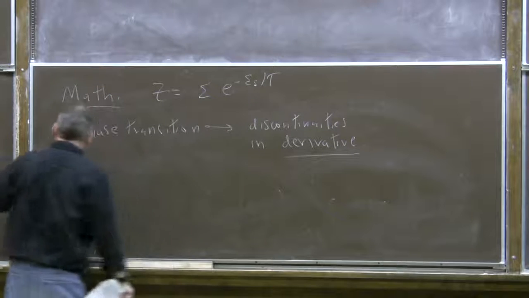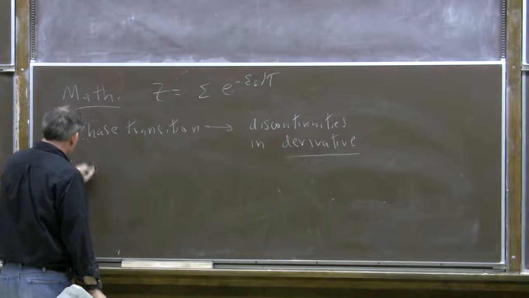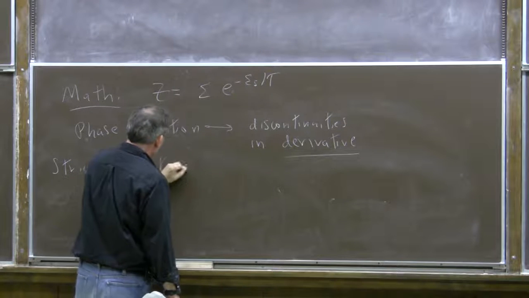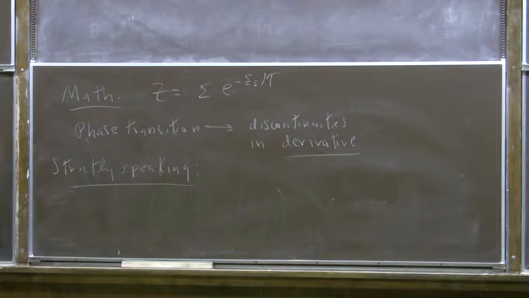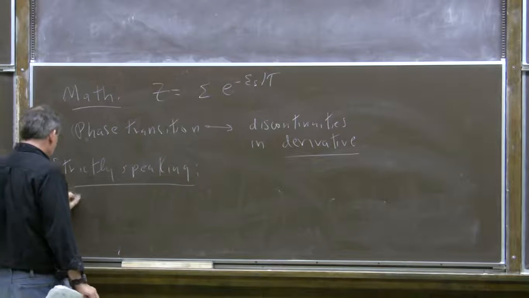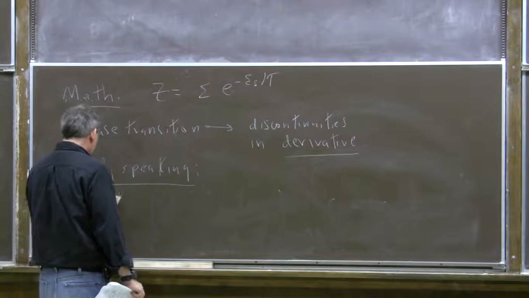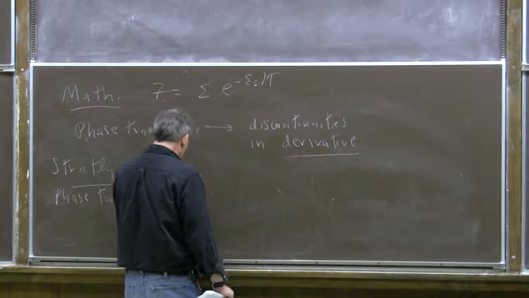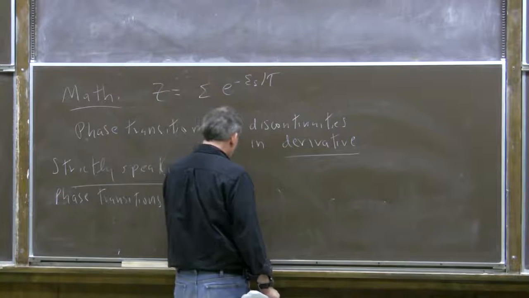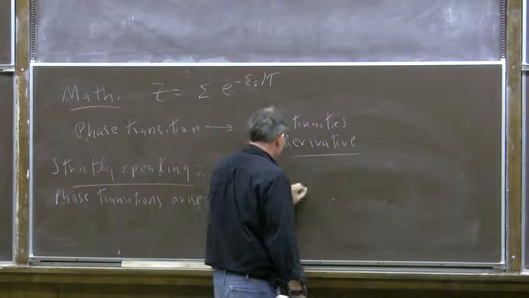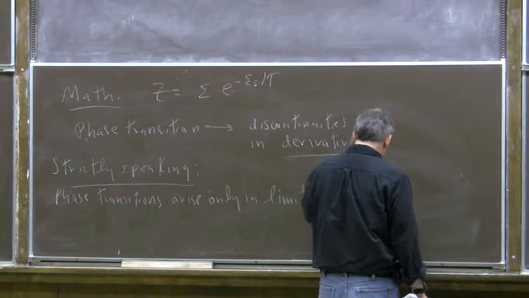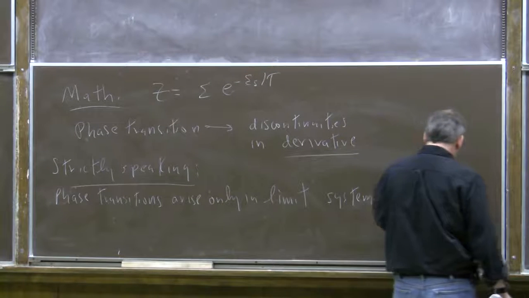So, just as an aside, strictly speaking, such discontinuities, or phase transitions, arise only in the limit of the system size going to infinity.